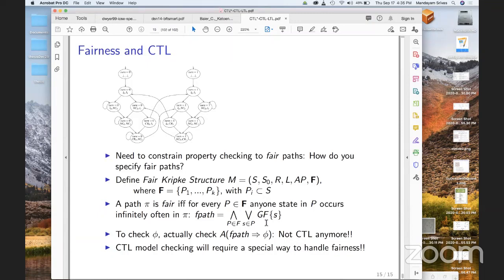But even if you can express it in CTL, if it's a state property, then you can do it, for every path from the initial state.